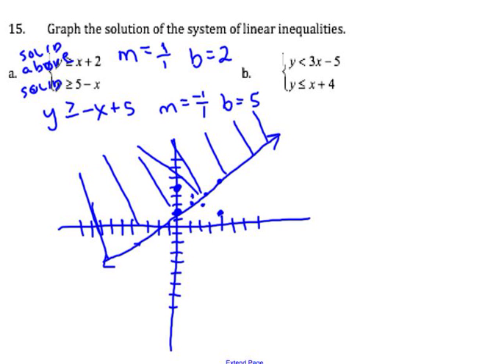Whoops, missed it altogether. Let me try that again. I did a really lousy job drawing that, but we're going to pretend that's a nice, perfectly straight line. You might have to use a little imagination there. But again, it's y is greater than or equal to negative x plus 5, so I'm going to shade above this line.